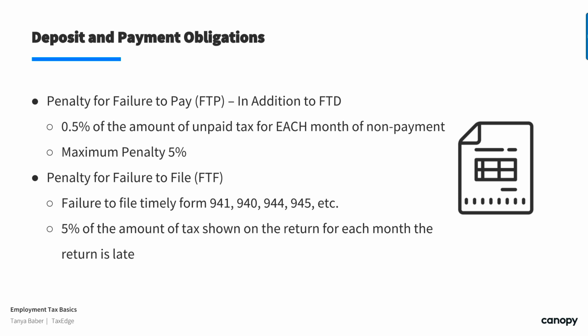So this maxes out at 25%, so we're talking 5 months' time. You can imagine if you have somebody that says, I can't afford to pay. Well, at least if you can file on time, you're going to save yourself a potential 25% penalty down the line. So we're looking at a huge amount of penalties that can be tacked on, and the best thing that somebody can do is just be compliant.